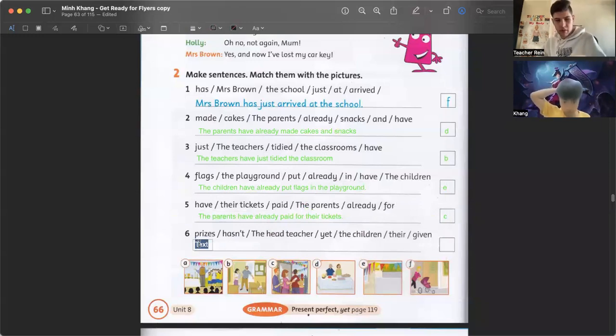The head teacher hasn't given their prizes. Okay, start from the beginning. The head teacher hasn't given the children their prizes yet. A. And that would be A. Very good. There we go.